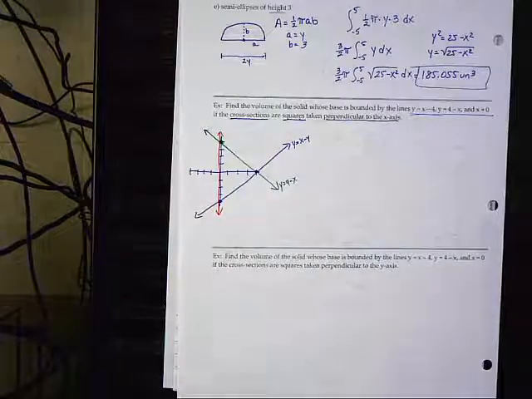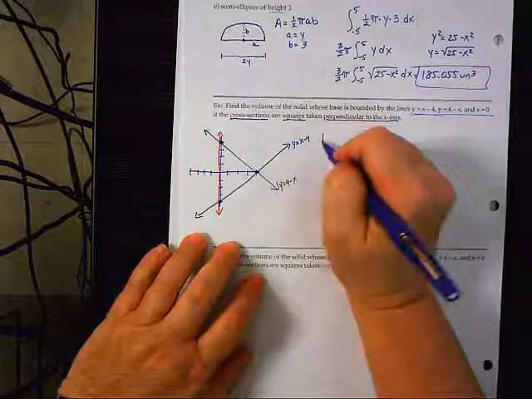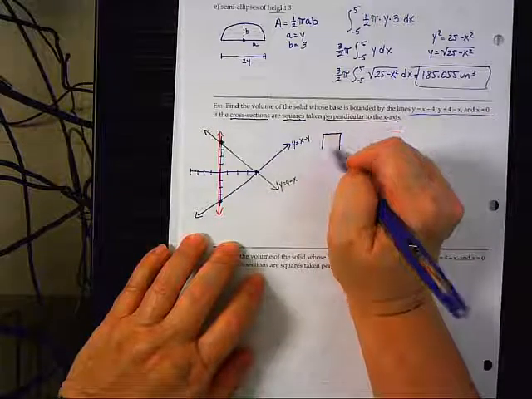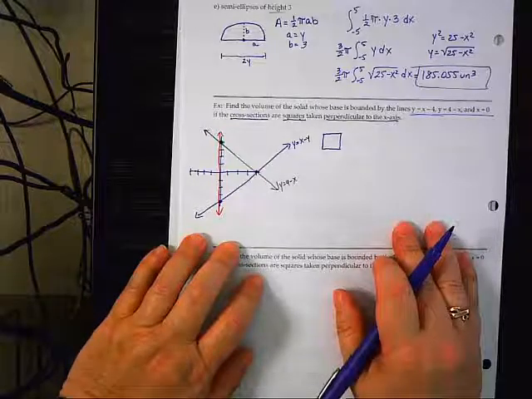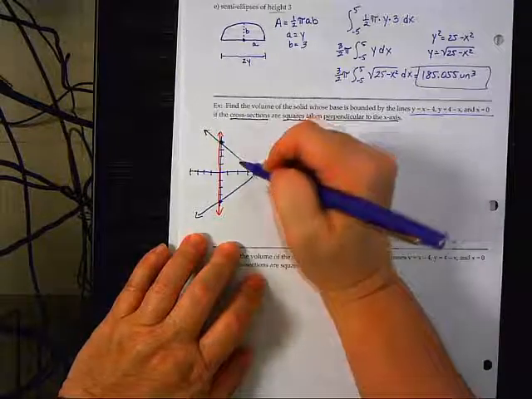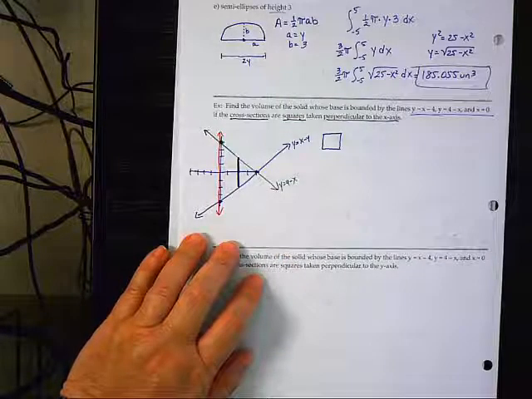Okay? So, the cross sections are going to be squares. So, I need to draw a square. And they're going to be perpendicular to the x-axis. So that means the squares are going to go this way. Agreed?